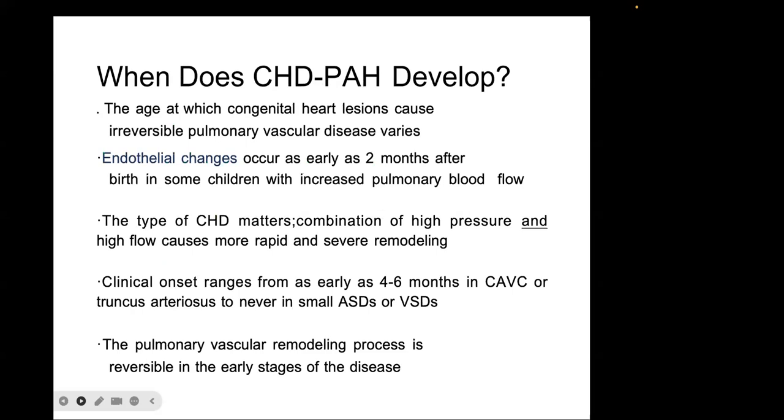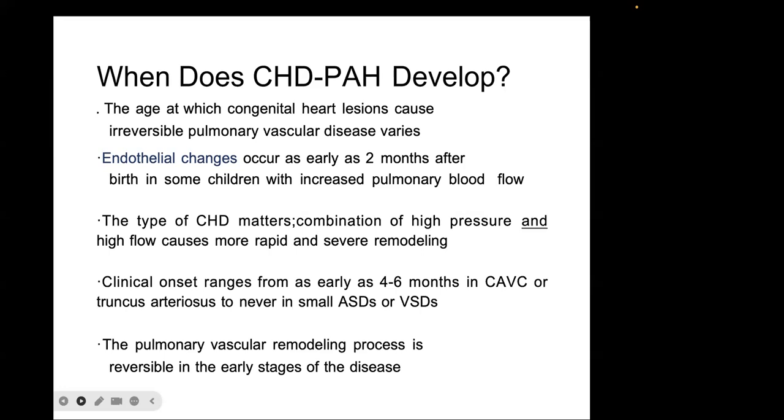When do congenital heart disease and pulmonary arterial hypertension develop? The age at which congenital heart lesions cause irreversible pulmonary vascular disease varies. Endothelial changes occur as early as 2 months after birth in some children with increased pulmonary blood flow. The type of congenital heart disease matters.